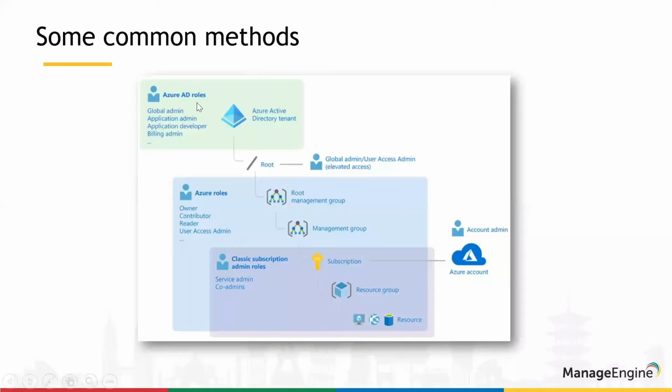Instead, for Azure, we have something called roles. Okay, roles, you have all kinds of roles: global admin, application developer, billing admin, and all that. And you'll have to ensure that you give them the right access, and once they leave the organization, you'll have to revoke the access and all that. The problem with Azure when compared to your on-prem is, on-prem, if you have a third-party tool, you gain some visibility on who, what, when, and where.